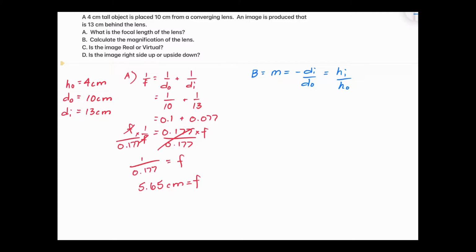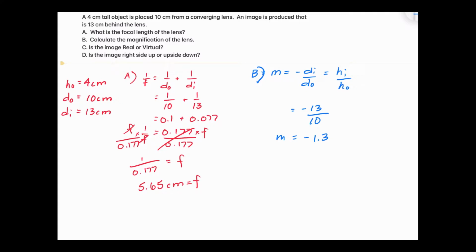So we've got DO and DI, so we can go ahead and solve for that. It's going to be negative 1.3. That's going to be our magnification. So that tells us it's larger.